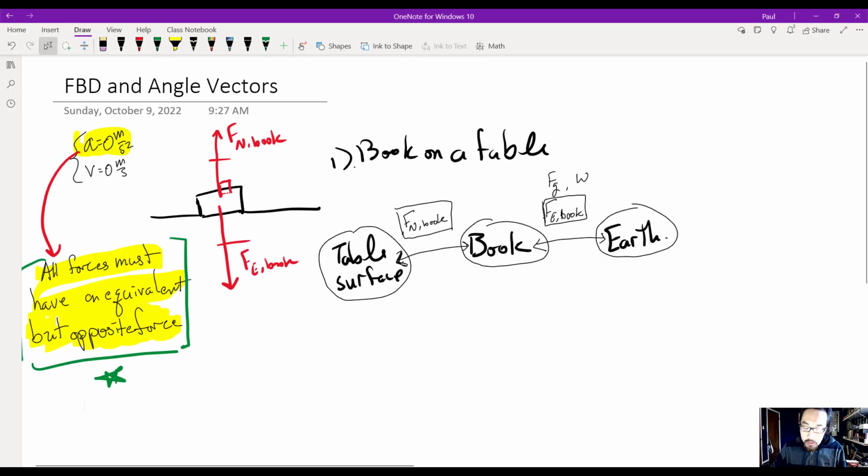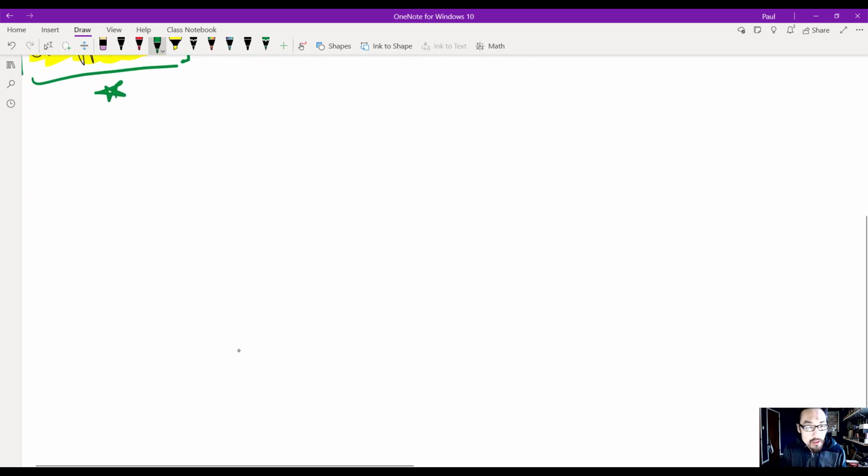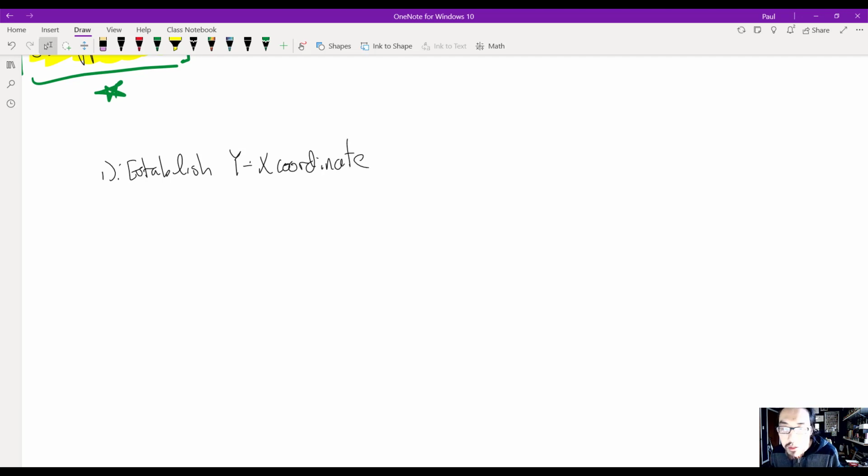Let's give ourselves a couple of rules for drawing objects on an incline. So the first rule is establish the y-x coordinate. What that simply means is make sure you know what is vertical and what is horizontal, right?